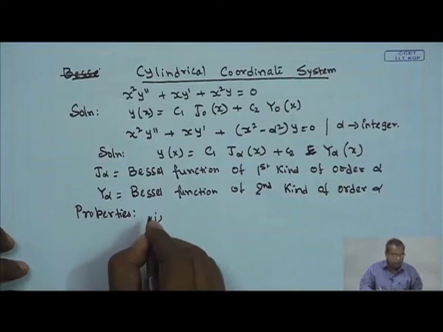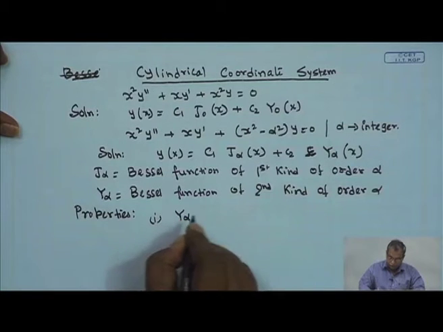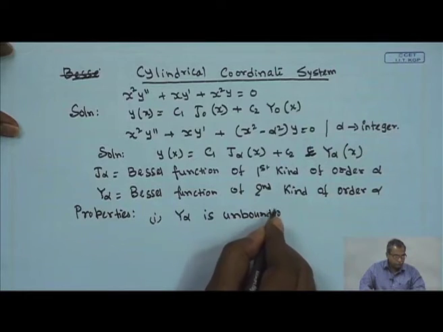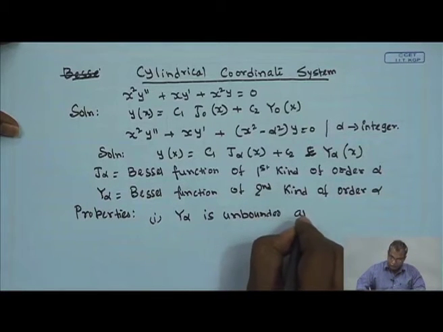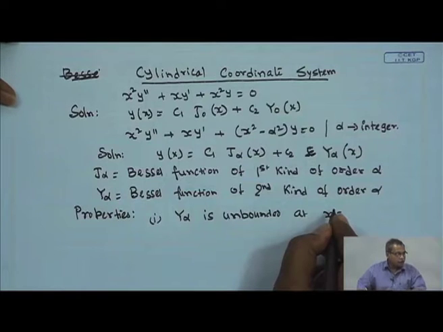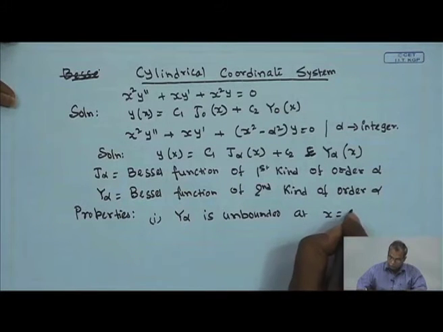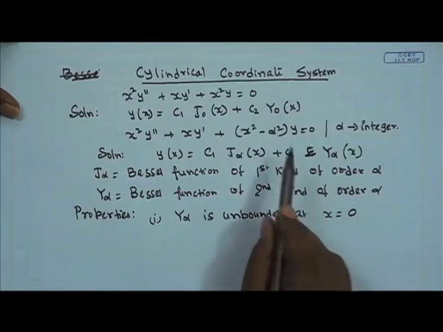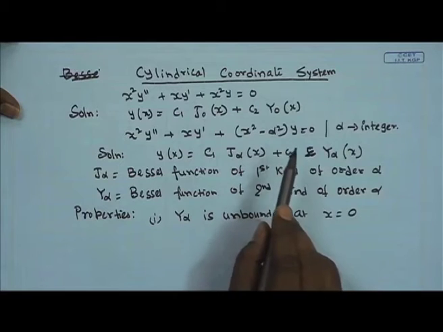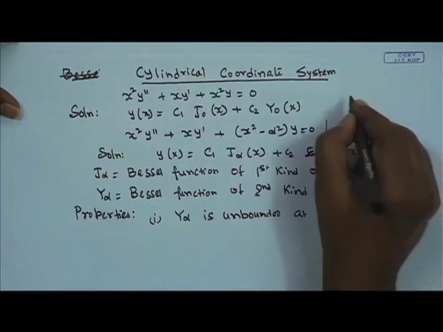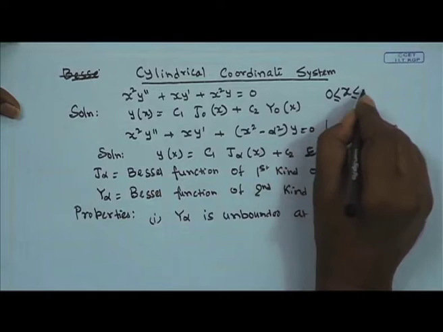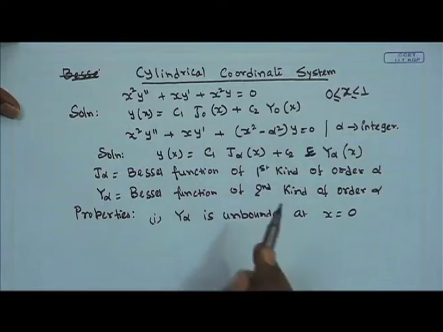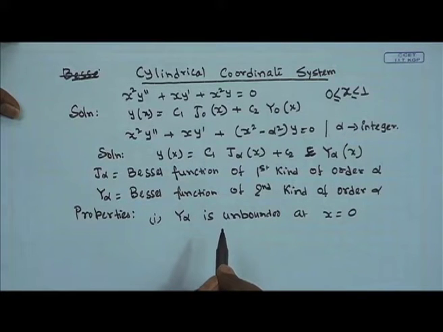The first property is that Y alpha is unbounded at x equal to 0, and therefore whenever we come across this type of equation where x is varying in the domain 0 to 1, the associated constant must vanish. So in case of solution in the cylindrical polar coordinate system.